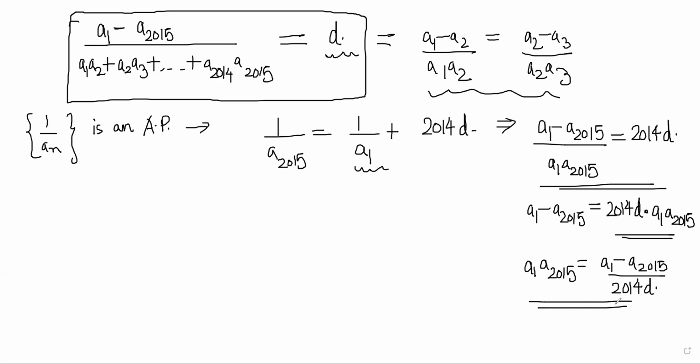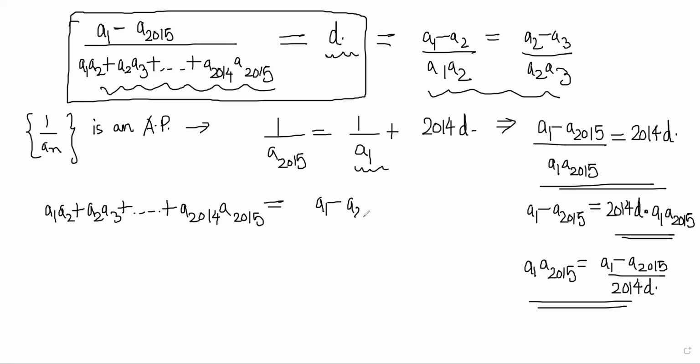Okay. And now from the first relation, we can say that a1 a2 plus a2 a3 plus a2014 a2015 is equal to (a1 minus a2015) by D, right? And now I have this result and I have this result.